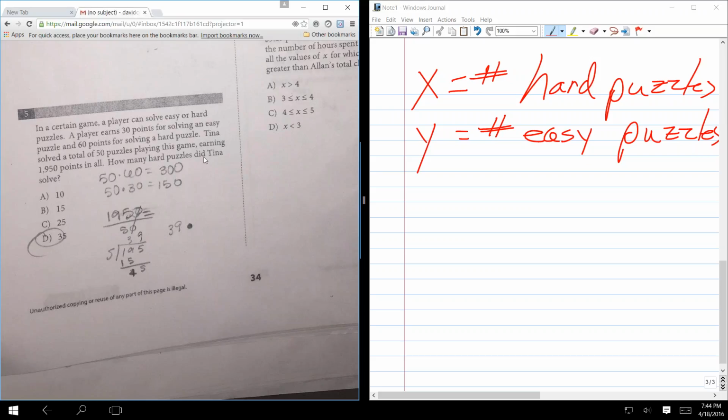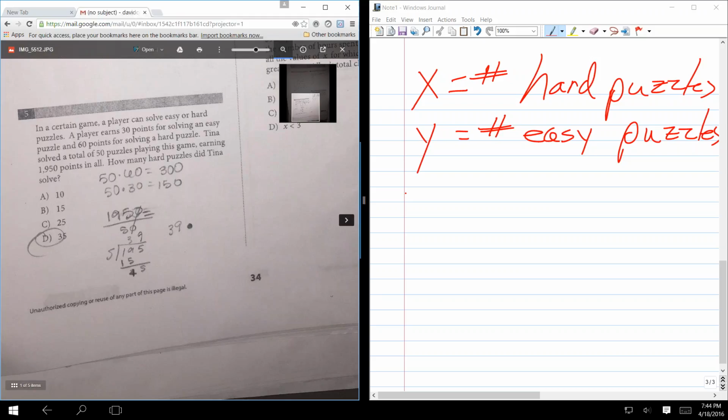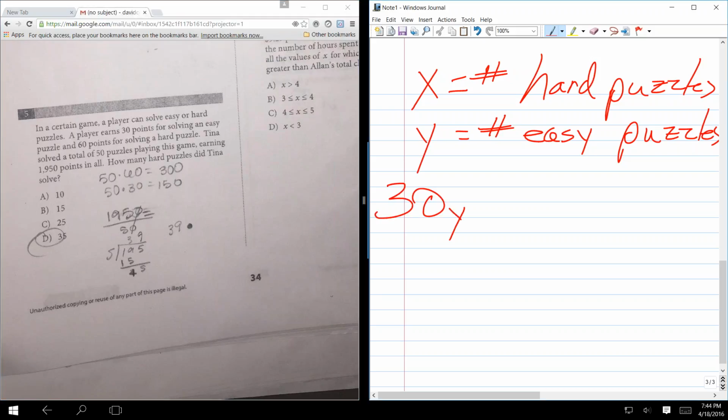I can come up with 2 equations. 30y plus 60x equals 1,950, since she earned 1,950 points.